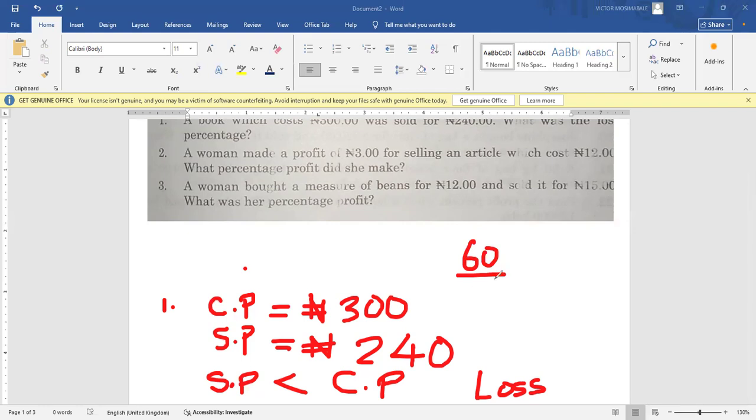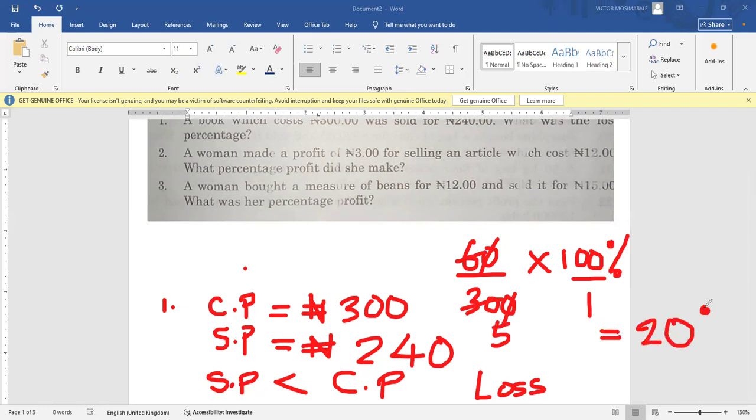So we'll be having it as 60 over the cost price, which is 300 times 100% all over 1. So 6, 0 cancel 0, 6 in 30, that is 5, and 5 in 100, that is 20.